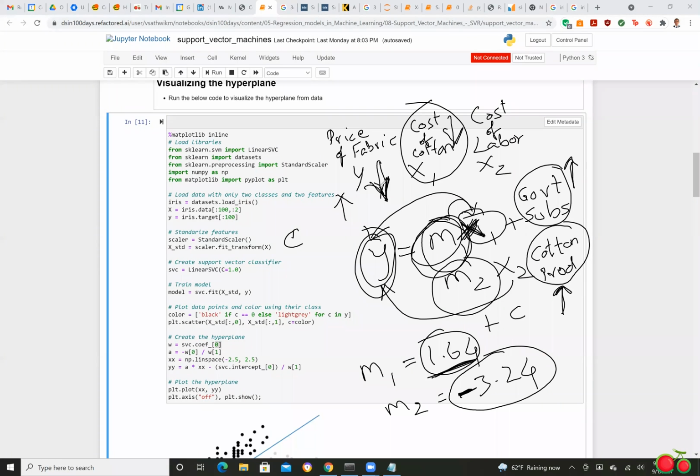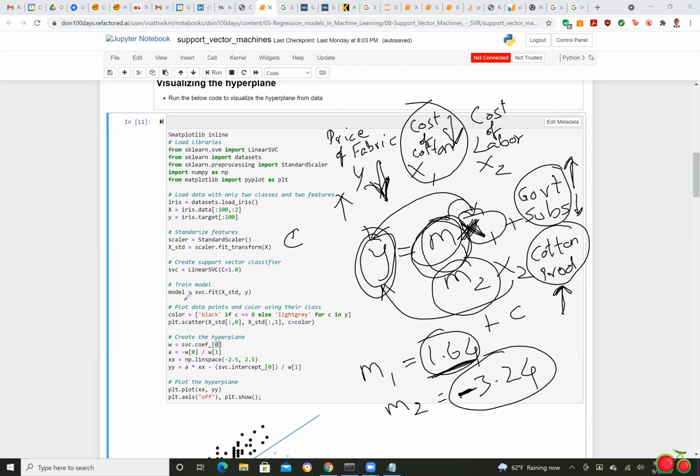So this is how coefficients and equations basically work. Once you figure out the function of your model, the support vector classifier or regressor, you will have these coefficients and the intercepts.